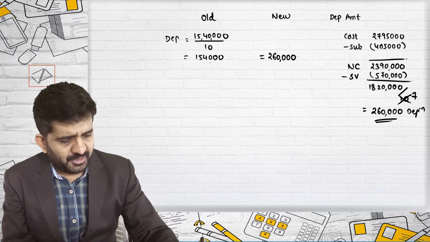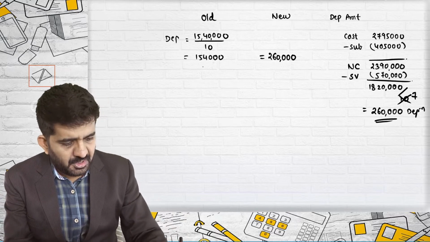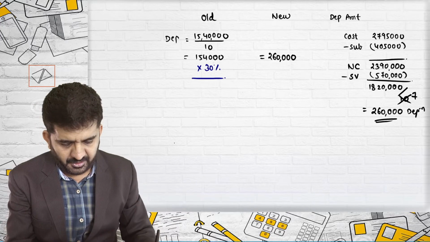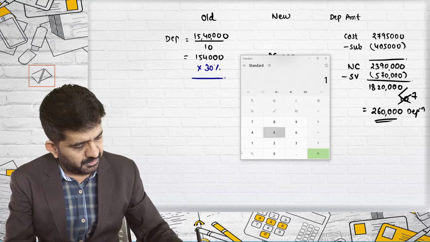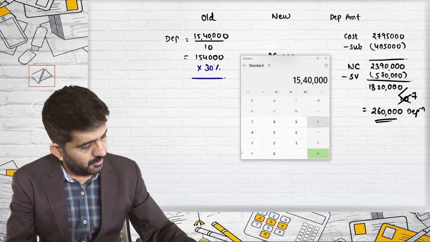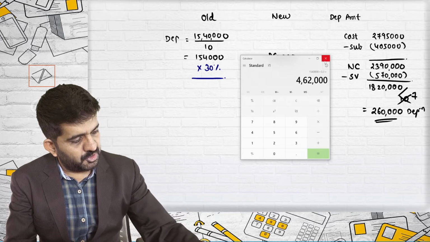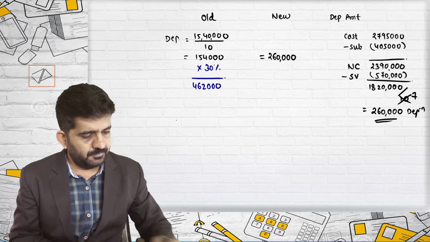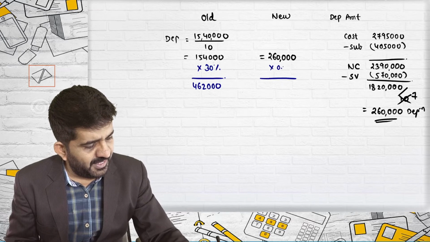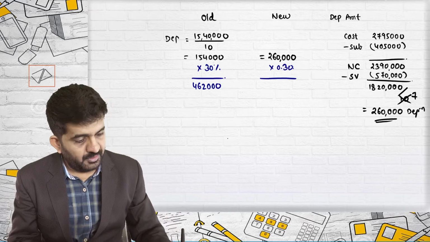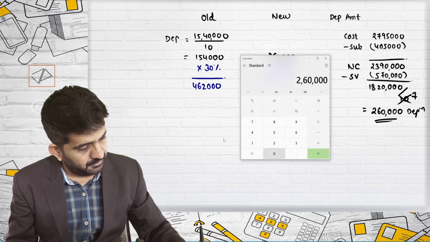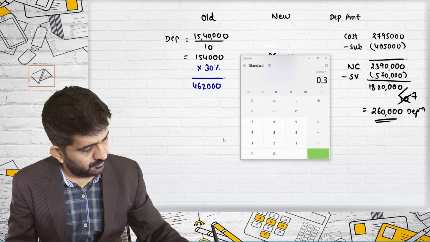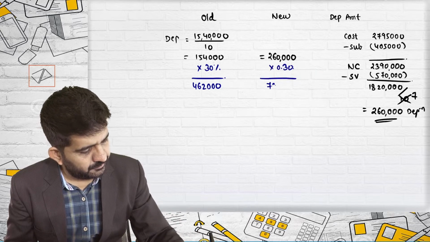First, how to find out the tax benefit of the old machine? You were already getting a tax benefit on the old machine at 30%, right? So 15,40,000 into 30%, which is 4,62,000. So you were already having a benefit of 4,62,000. Now you will be having a benefit of 2,60,000 into 30%, which is 78,000.